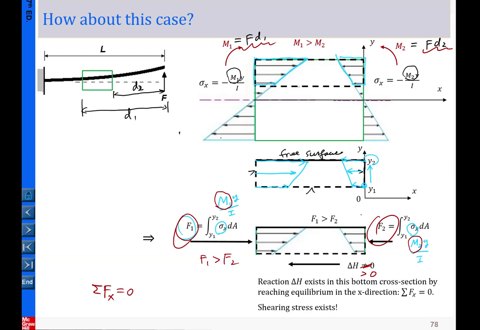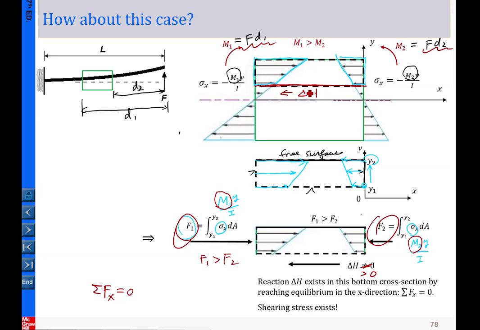So here, at the bottom side, we conclude that delta H should exist. Along this fiber, along these sections, the reaction force points in that direction.